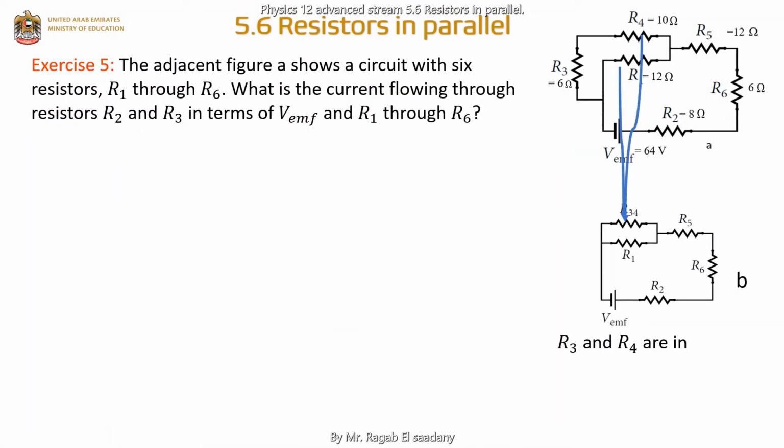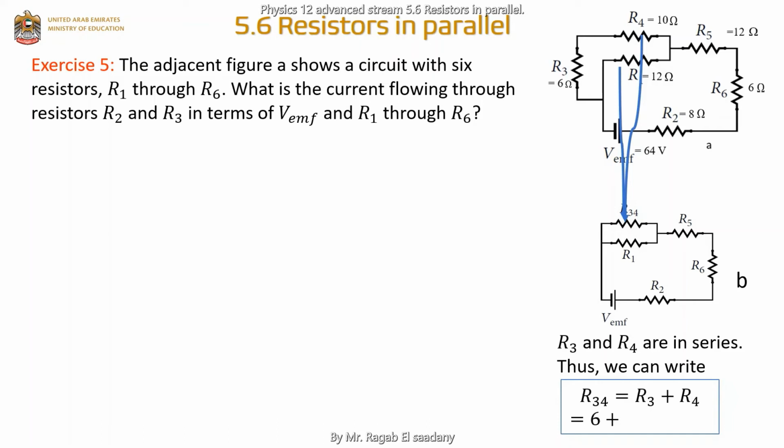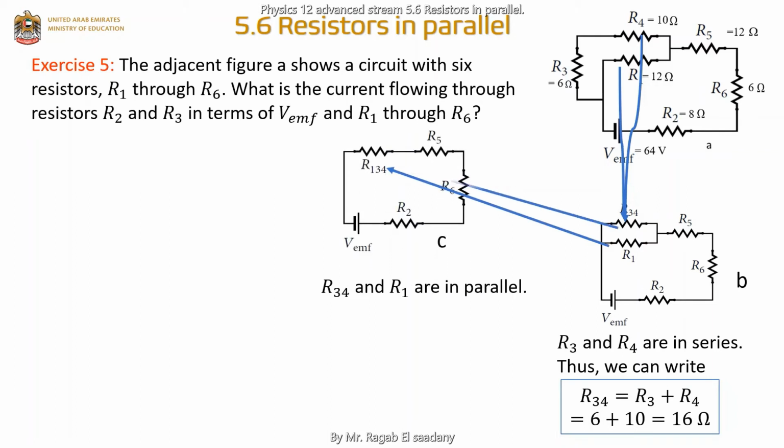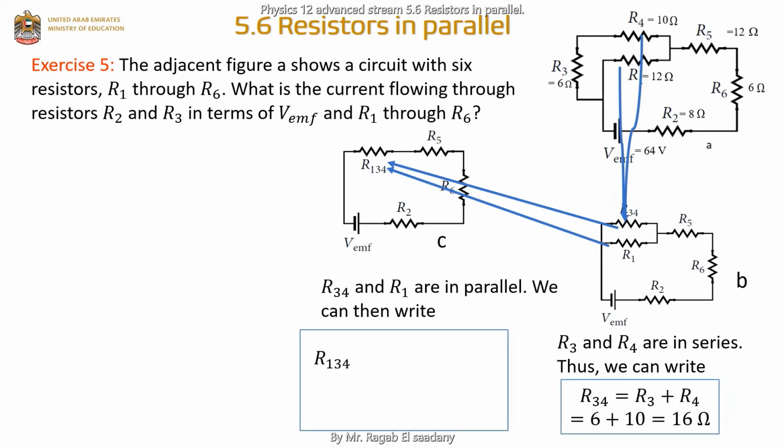R3 and R4 are in series, thus we can write R34 equals R3 plus R4 equals 6 plus 10 equals 16 ohms. Then R34 and R1 are in parallel. We can then write R134 equals (1/R34 plus 1/R1) to the power minus 1, equals (1/16 plus 1/12) to the power minus 1, equals 6.9 ohms.